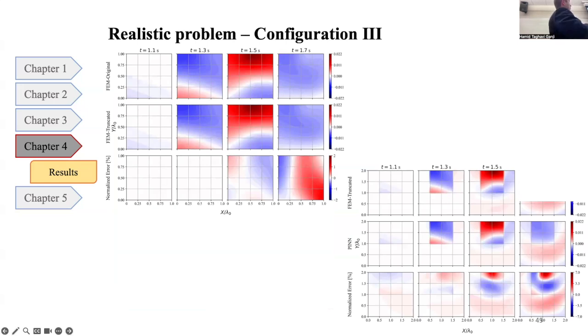We are showing only the result of configuration 3 because it had the best performance. The errors of the finite element model are less than 2% in comparison to the original problem. And when we compare the response of the PIN versus FEM, the errors are less than 7%.